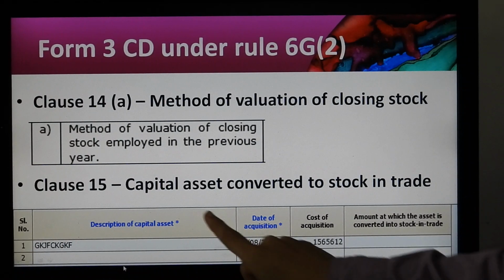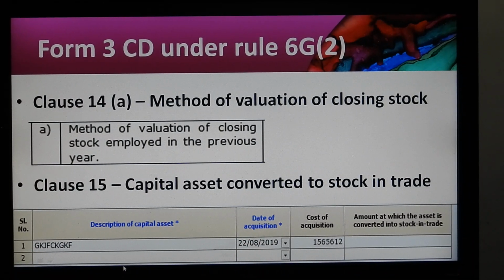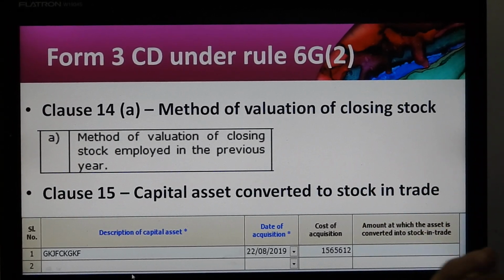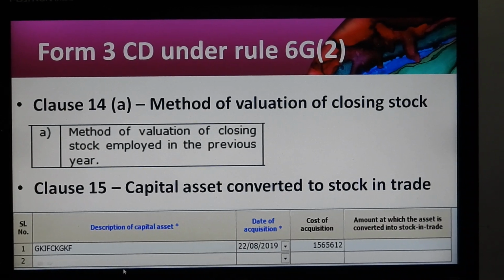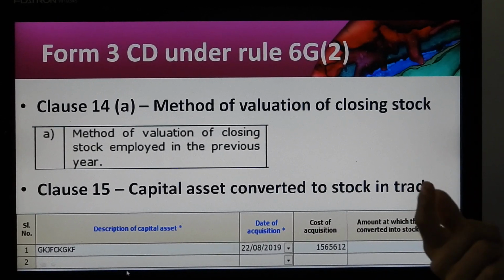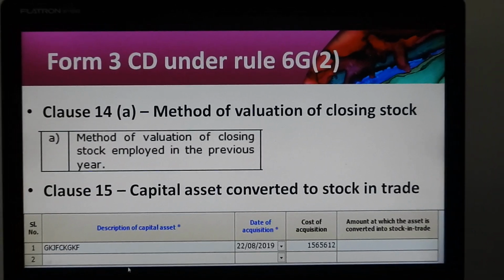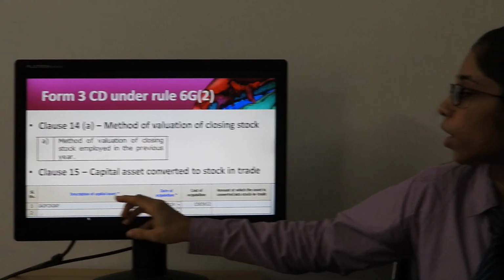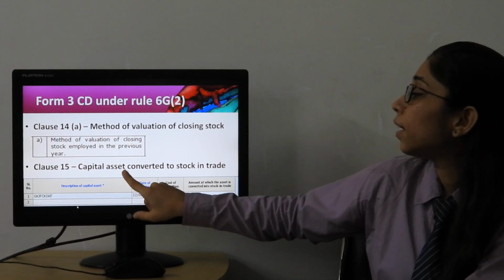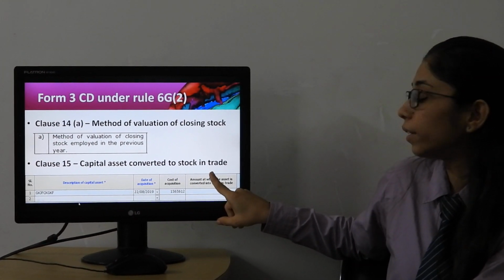Clause 15, capital asset converted to stock in trade. See, there are two situations. First situation, when a capital asset is sold, it will attract capital gains. Second situation, when a capital asset is held as stock in trade, it will attract income under PGBP, profits and gains from business and profession. In this case, what is written in Form 3CD is capital asset converted to stock in trade.